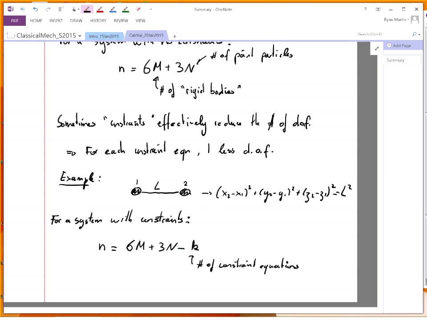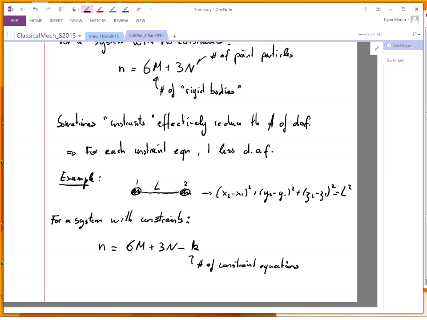We also looked at different types of constraints, and we defined them, or introduced new terminology based on whether those constraint equations have inequalities in them, and based on whether those constraint equations contain the coordinates or velocities.